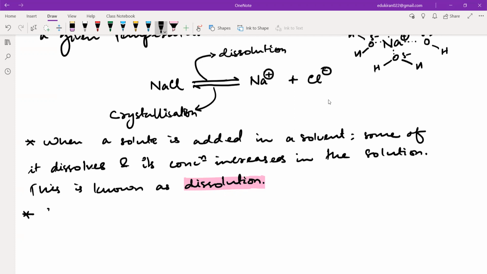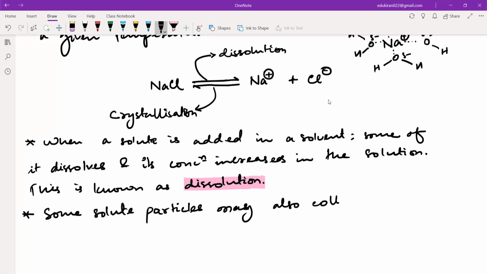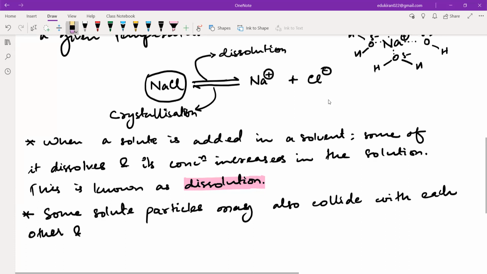So some solute particles may also collide with each other, and when they collide, they form NaCl, which is a solid.